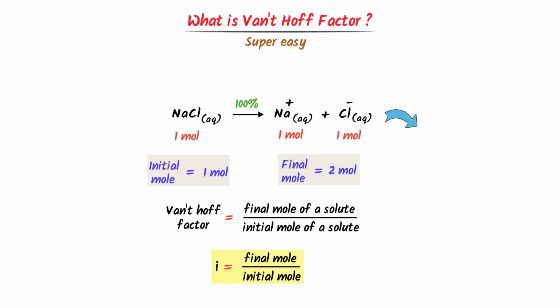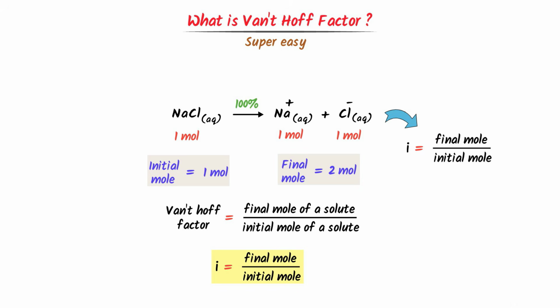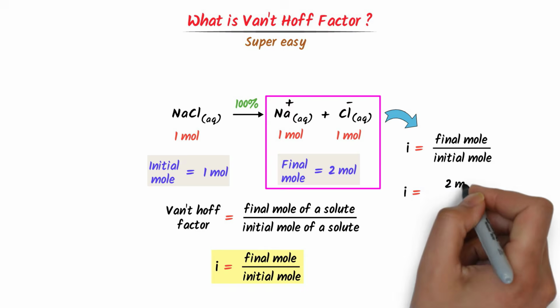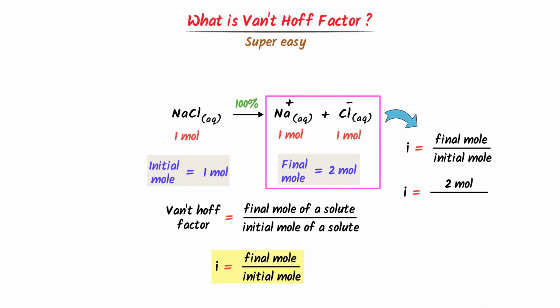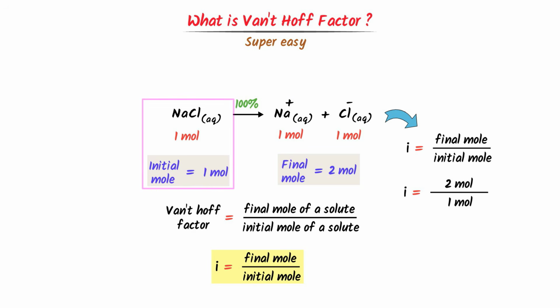Now in case of this reaction, I write Van't Hoff factor i is equal to final moles upon initial moles. Final moles is equal to 2 moles upon initial moles is equal to 1 mole. I get i is equal to 2. Thus the Van't Hoff factor of this reaction is 2.